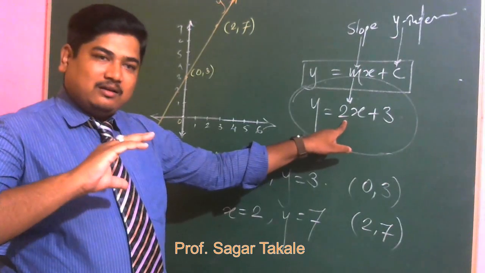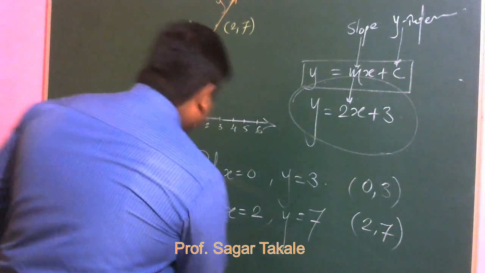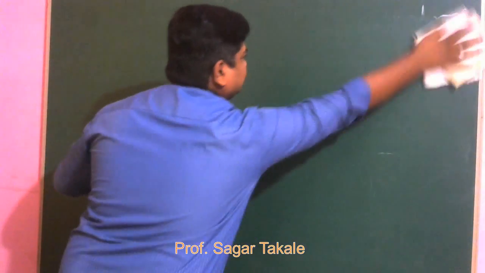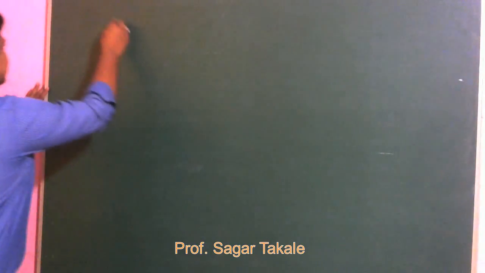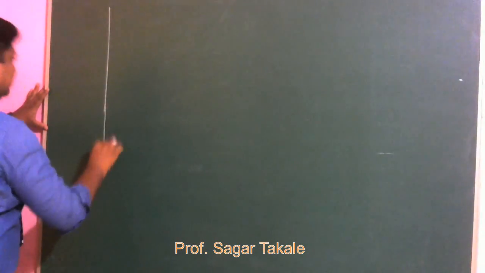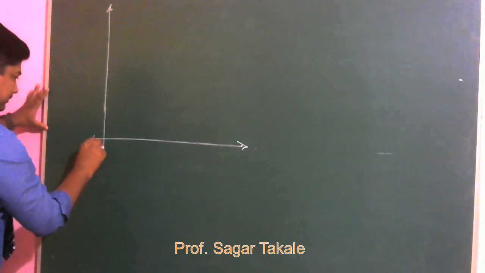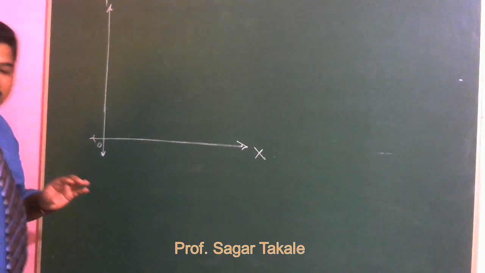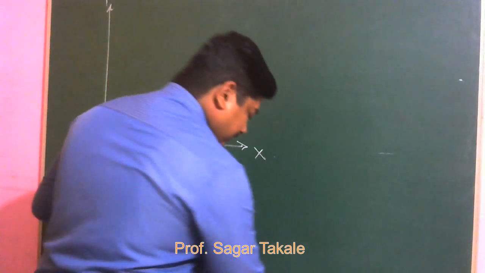But when the graph is different, if you are having a curve, for an example, just pay attention. Consider, suppose there is the x-axis, this one is the y-axis, and we are having a graph which is a curve.